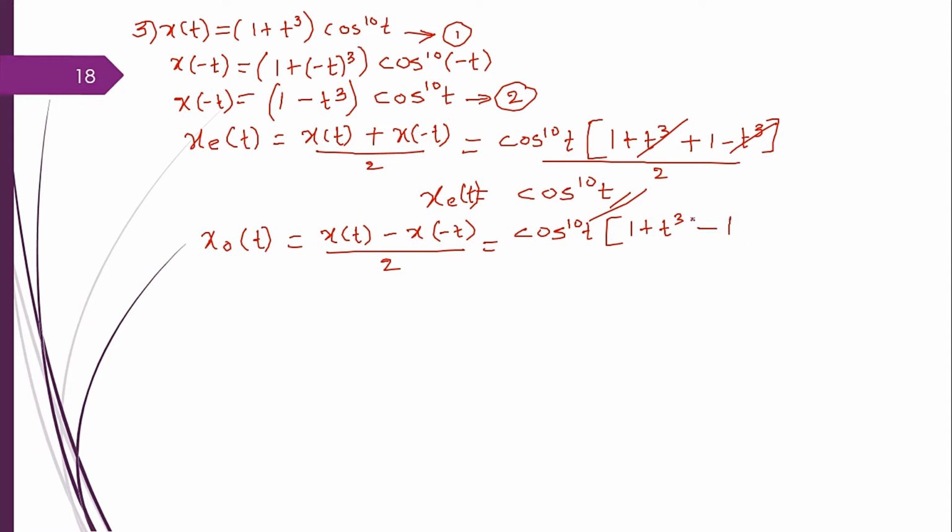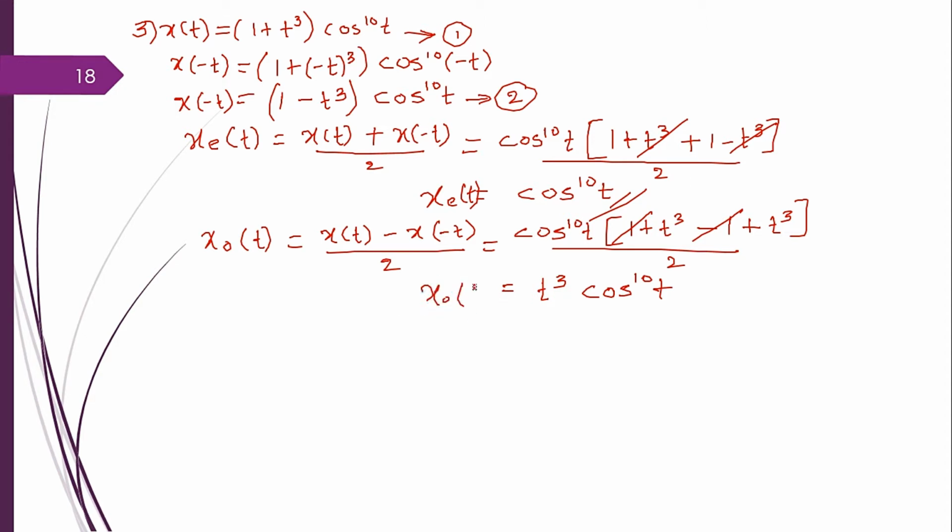So this minus into minus will result in plus t cube, divided by 2. So 1 and minus 1 cancel. t cube plus t cube is 2t cube. 2 and 2 cancel. So you will get it as t cube cos raised to 10t. So this is your odd signal.